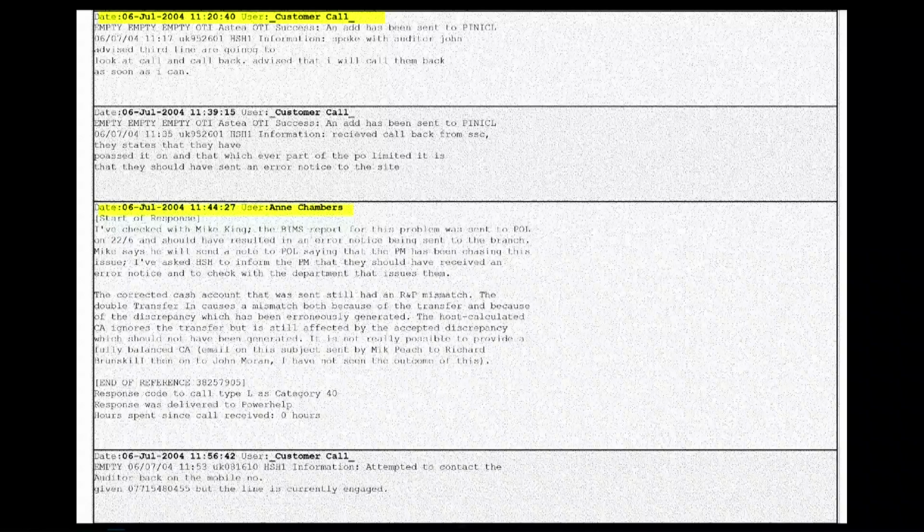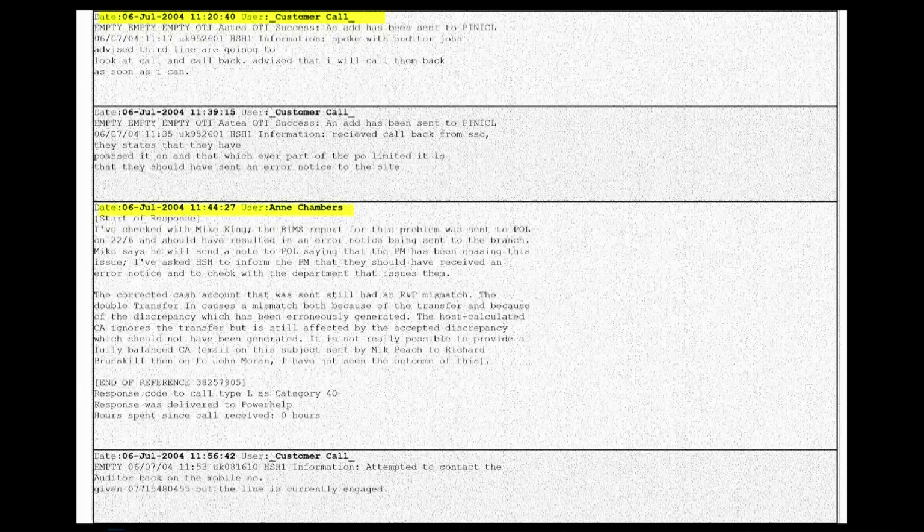The double transfer in caused a mismatch both because of the transfer and because of the discrepancy which has been erroneously generated. The host calculated CA cash account ignores the transfer, but it is still affected by the accepted discrepancy, which should not have been generated. It's not really possible to provide a fully balanced cash account. Email on this subject sent by Nick Peach to Richard Brunskill, then on to John Moran. I've not seen the outcome of this.